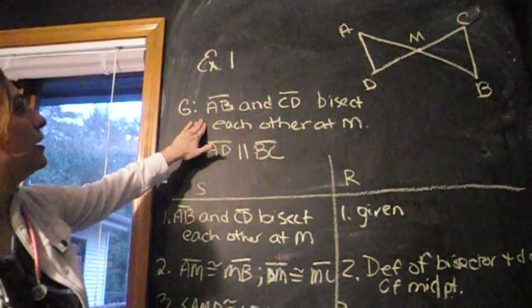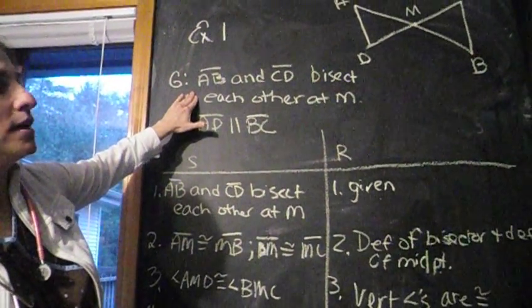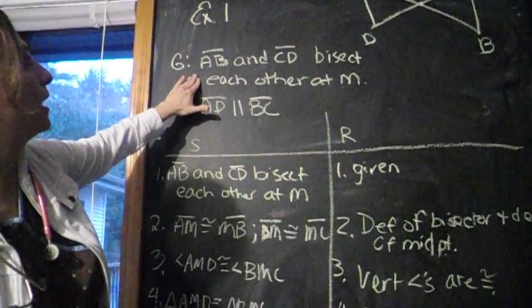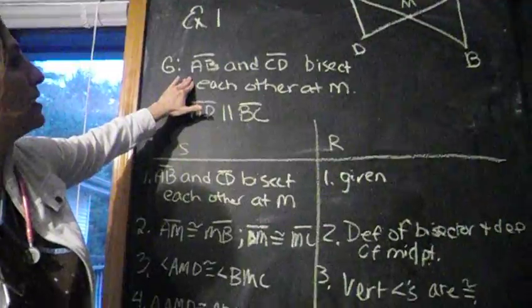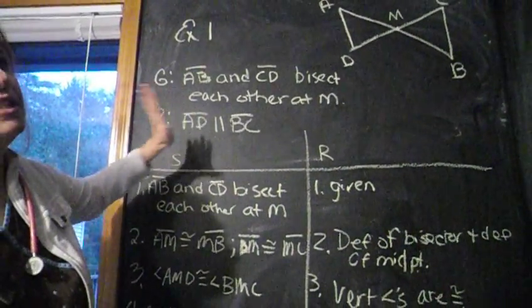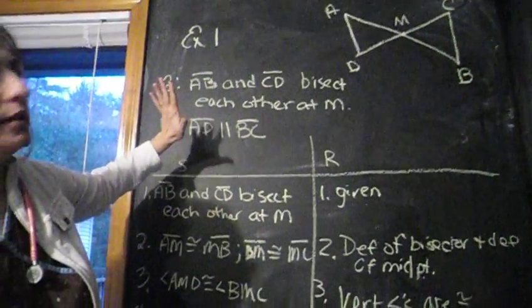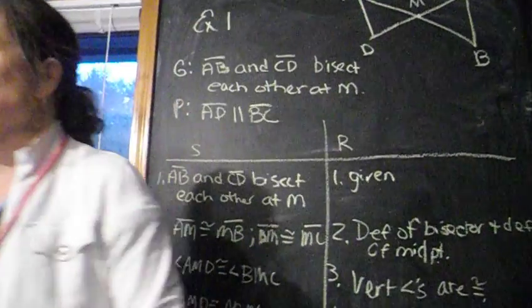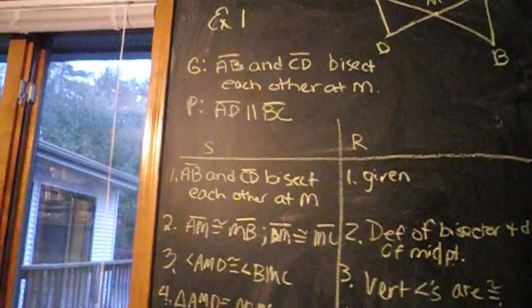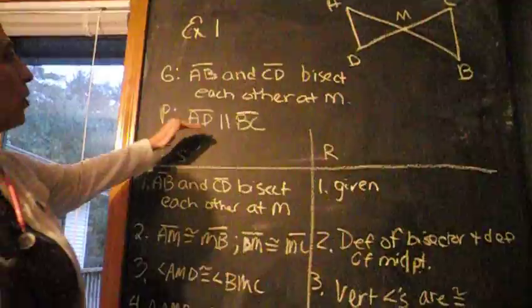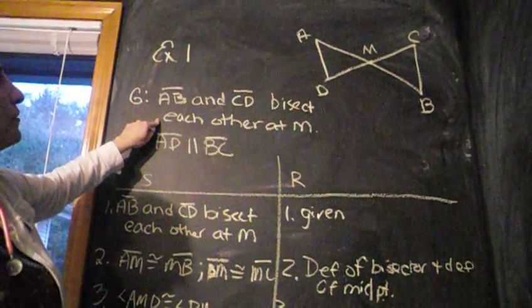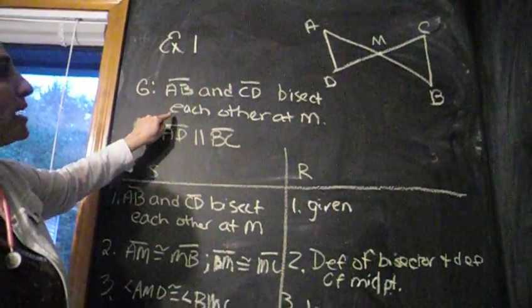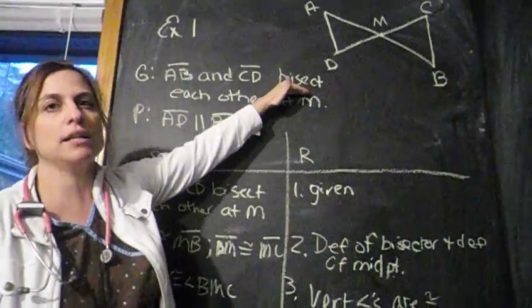Okay, given, we're going to do two proofs. Given AB and CD bisect each other at M. Every time you're doing a proof, you got to make some plans. You also have to figure out what the given is telling you, and what you are trying to prove. If AB and CD bisect each other, bisect means cut in half.